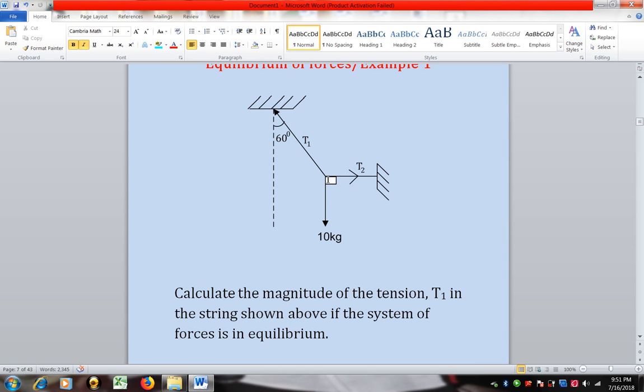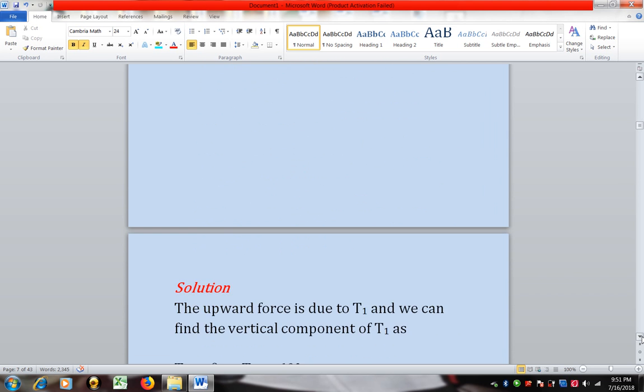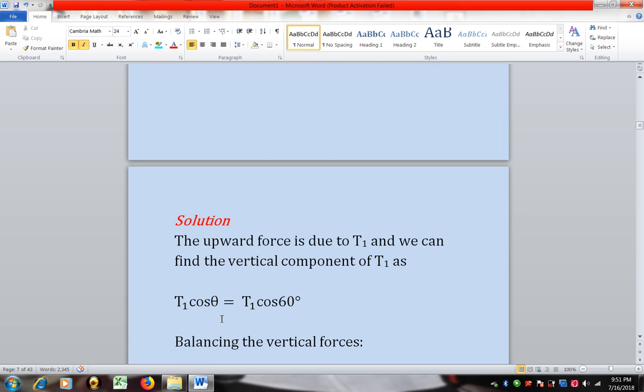That gives us the vertical component of T1. That's why we say T1 cos theta is the vertical component, and theta in this case is 60 degrees. So that means T1 cos theta is the same as T1 cos 60 degrees.